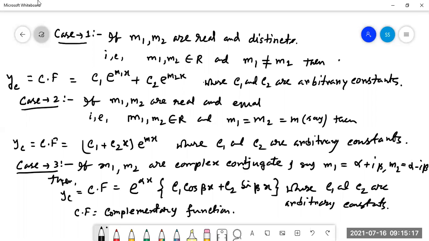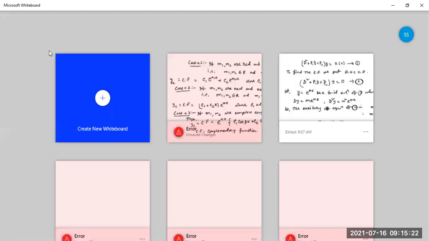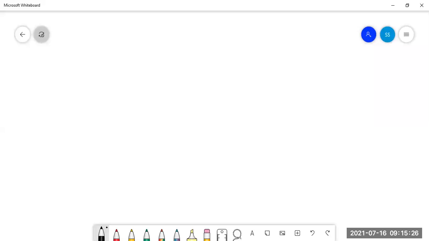Okay, then we take some example of this kind of CF. Let us take an example. Let us solve d square y by dx square minus 3 dy dx plus 2y is equal to 0.